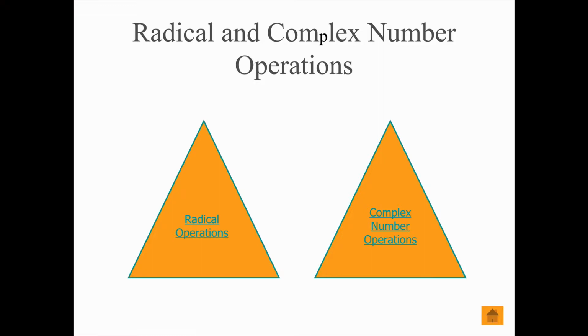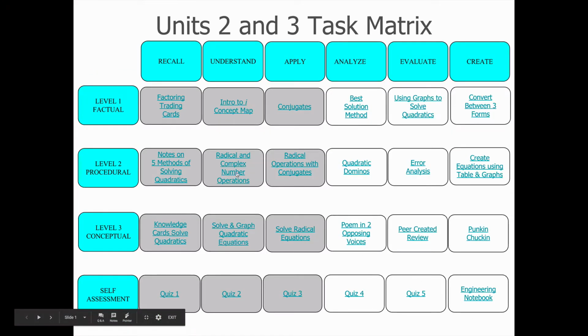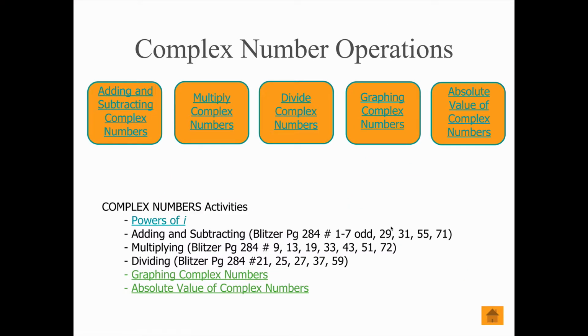Or in the case of something like this, you may have several different activities that show up as you go through them. So this one is very, very complicated, and you need to make sure you do the radical operations before you do the complex number operations. Within the complex number operations, there's going to be a change, and I'll put a note on it in Classroom.